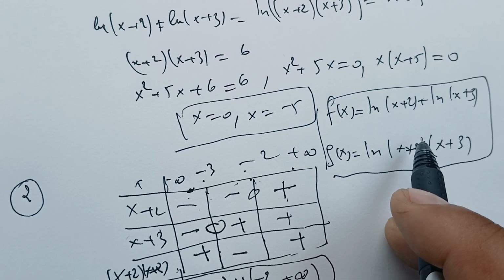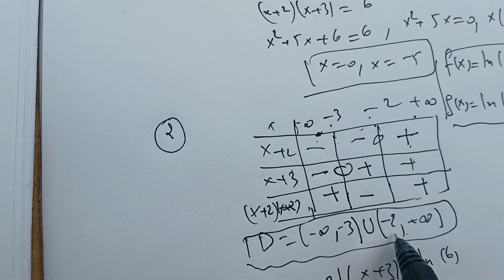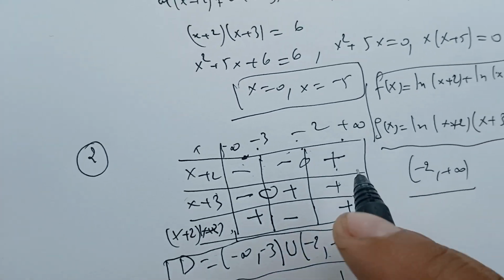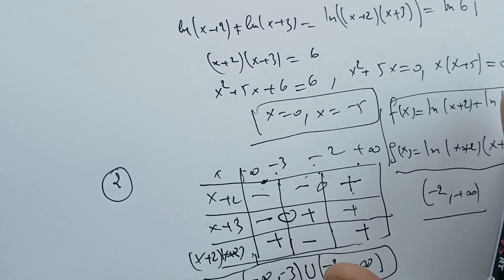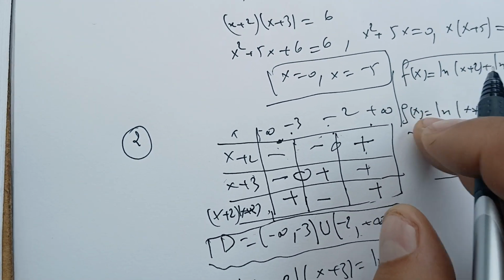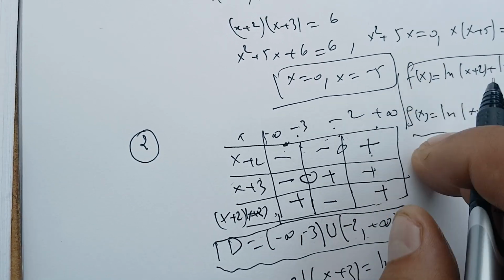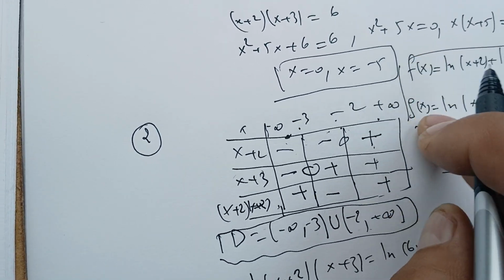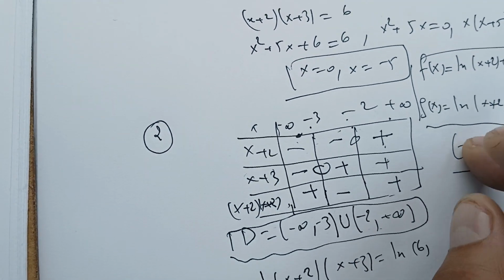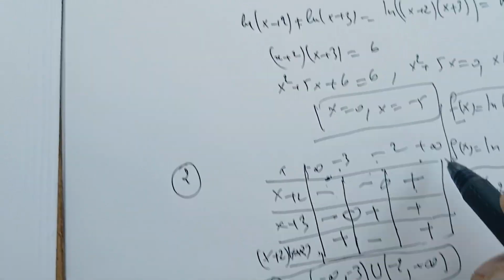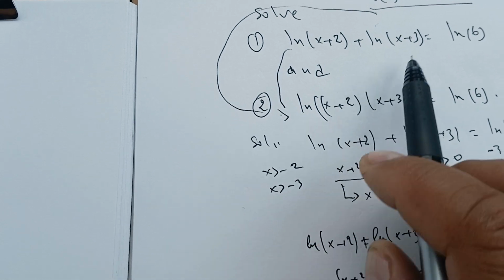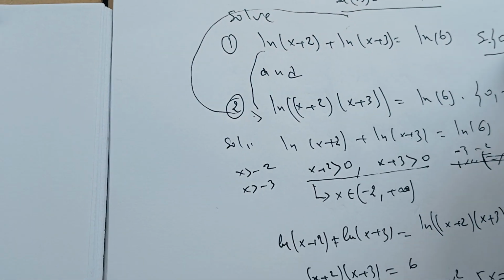They are not the same, except on the interval minus 2 to plus infinity. If we need f equal to g, they need to have the same domain and the same behavior everywhere. But they don't have that. That's why the function f is different from g, and that's why we have two different solutions.